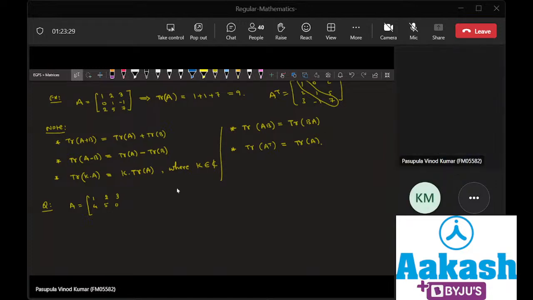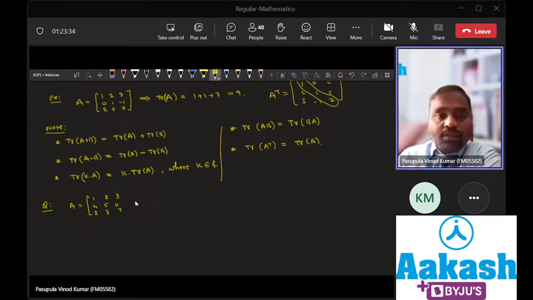So see here, this one is 2 3 5 7, 2 3 2 3 7, like this. And B is equal to, let us say, minus 1 0 1, and 2 0 8, and 0 1 2.